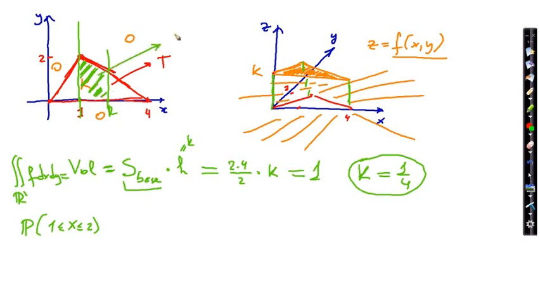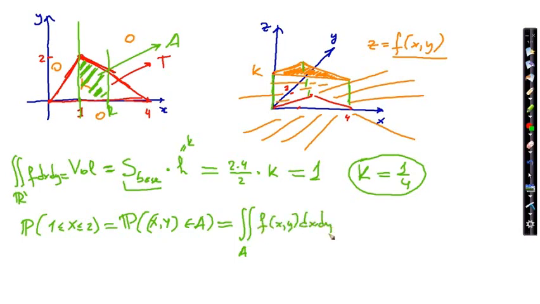So this is our set A, and this probability is the same as the probability that my point (X, Y) is in A. And I know the formula to calculate this probability. This is the double integral over A of f(x, y) dx dy.